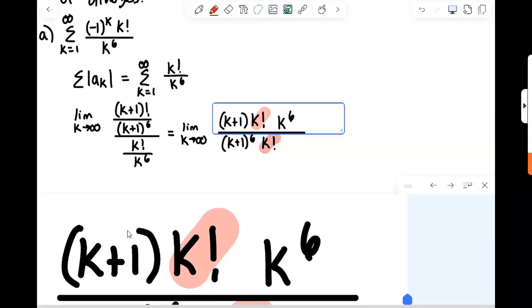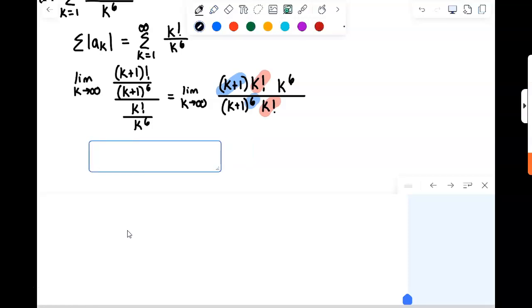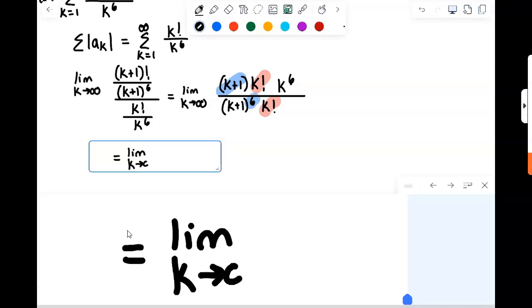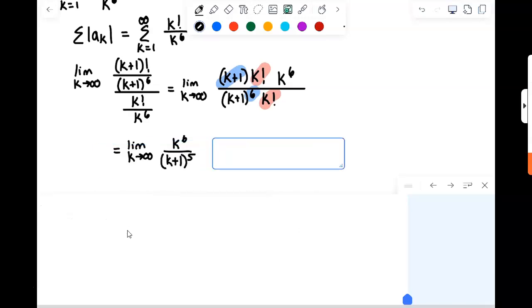Notice that also the k plus 1 in the top will cancel with one of those in the bottom. So in the end, we have a limit as k goes to infinity of k to the 6th over k plus 1 to the 5th power, which we could really just think of as k to the 5th.